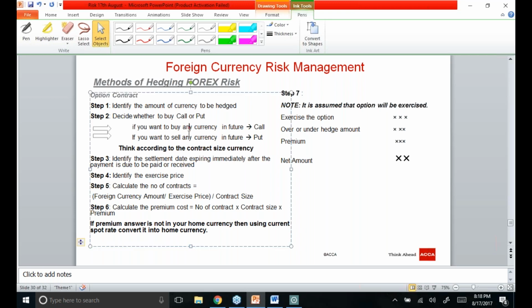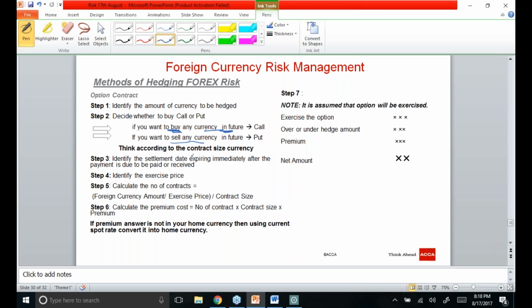If you want to buy any currency in future, you have to buy the call option because a call option will give you the right to buy currency. If you want to sell any currency in future, you have to buy a put option because a put option will give you the right to sell that currency in future.